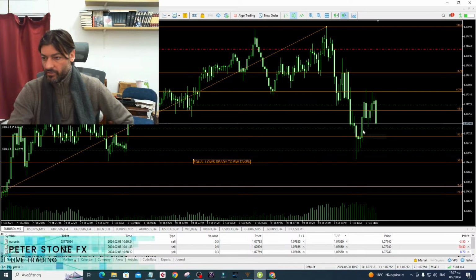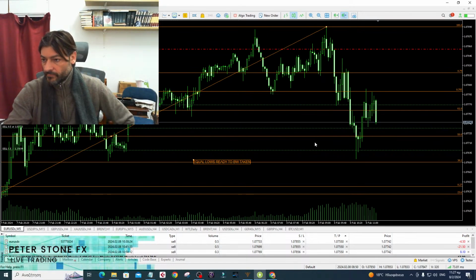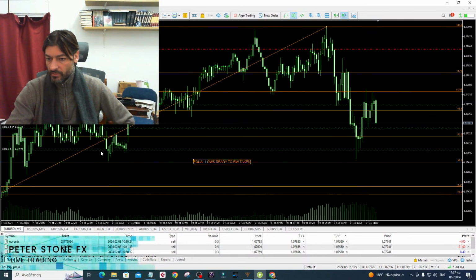I am afraid only this pair I got here. But this is a very good 2022 model, going lower. We also have these equal lows to be taken, or relatively equal lows.